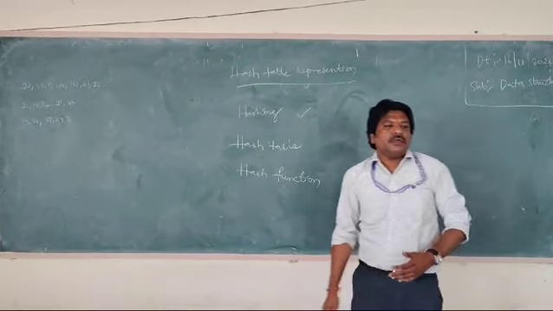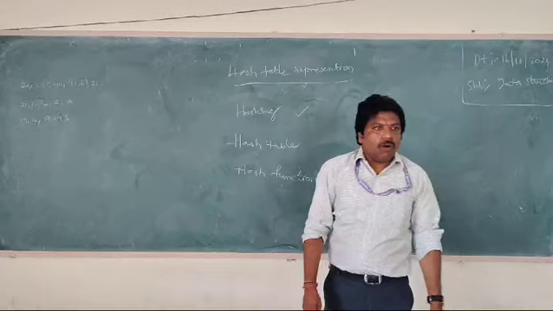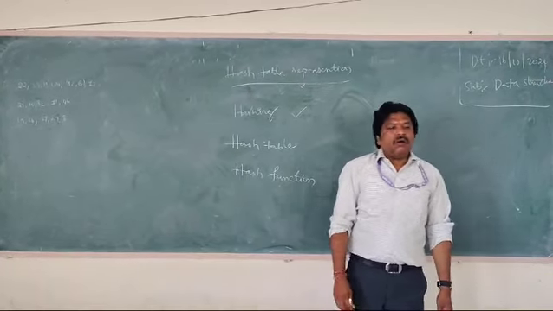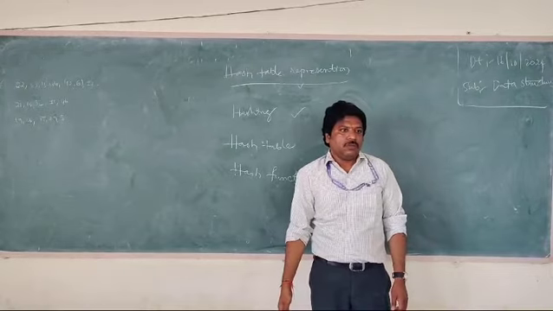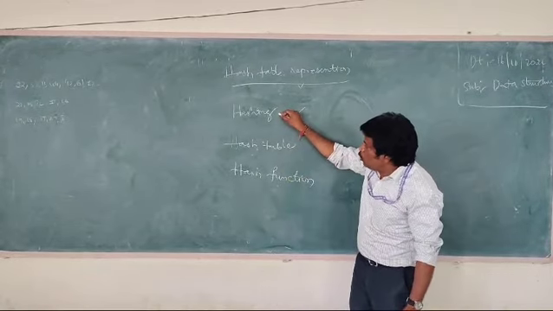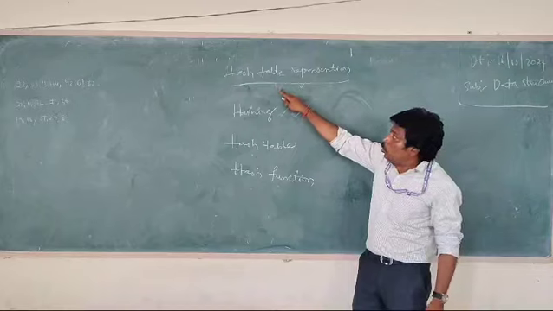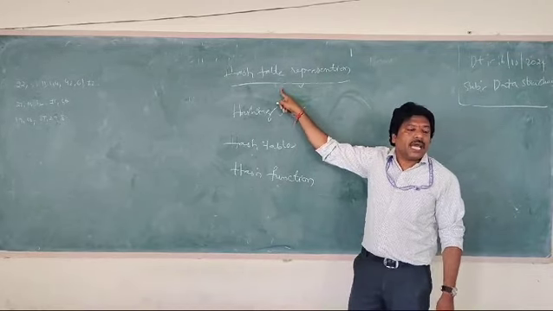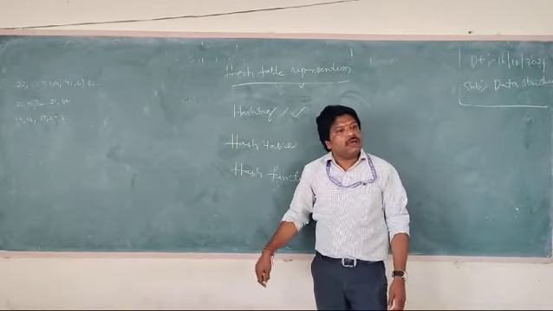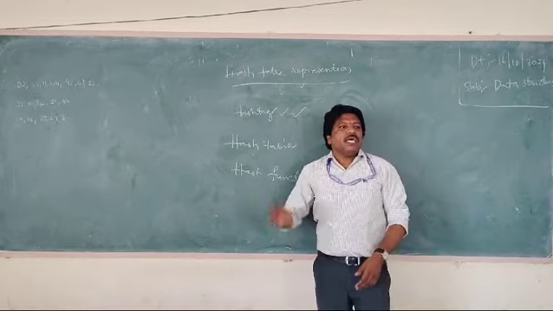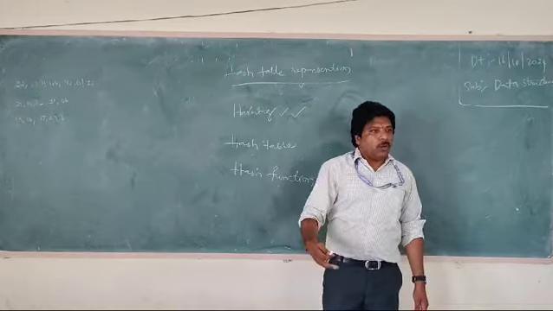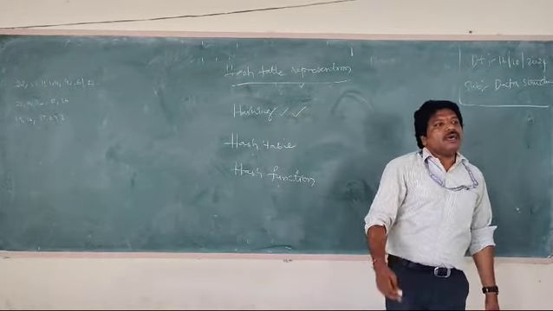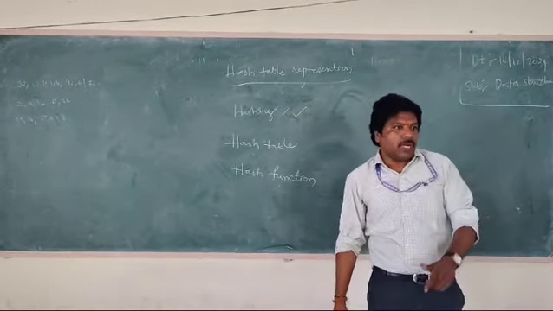Hashing is a technique, a method, or a process to store the elements into the hash table. We use a method for storing the actual data elements into the hash table. That means we directly store the data elements into the specified location by applying the hash function in the hash table.